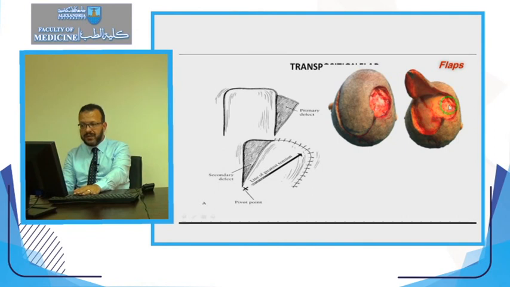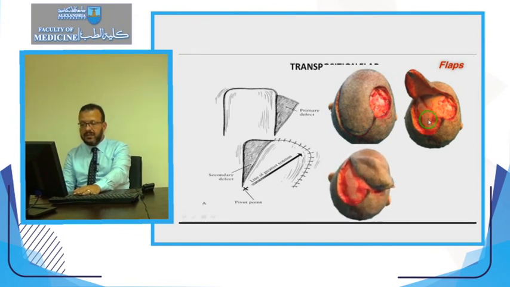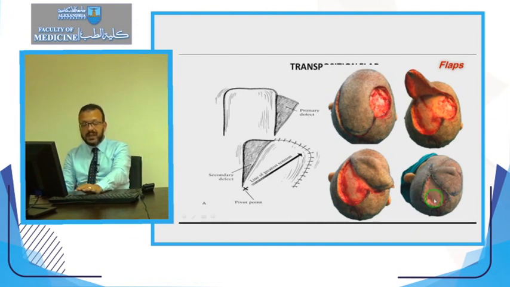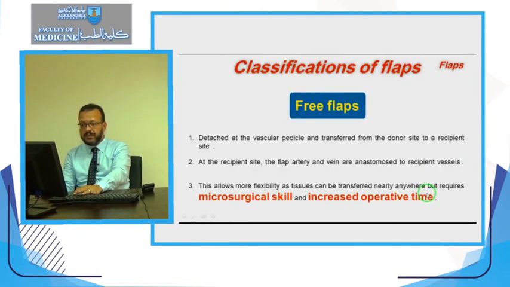I cannot apply a graft here, this is exposed bone. I can apply a graft here for the donor site of the flap, and the flap was transposed and the donor site was covered. Being a defect itself that has to be reconstructed, it was covered by a split thickness skin graft.